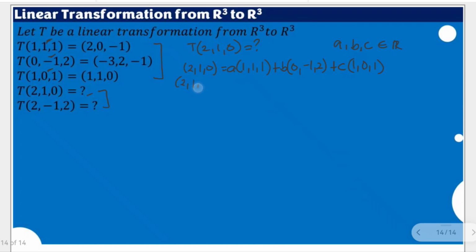You have (2, 1, 0). Here you have A, A, A. This is 0, -B, 2B.